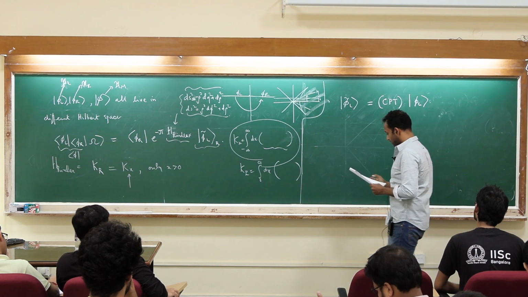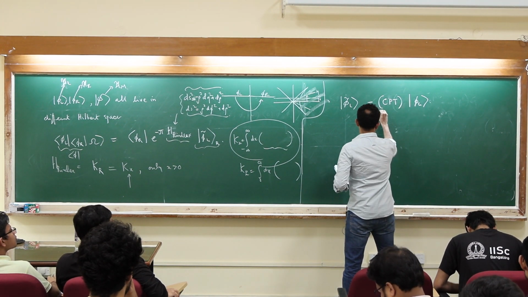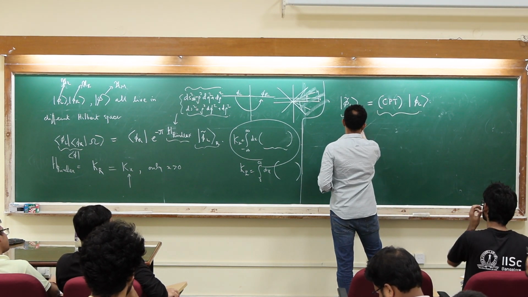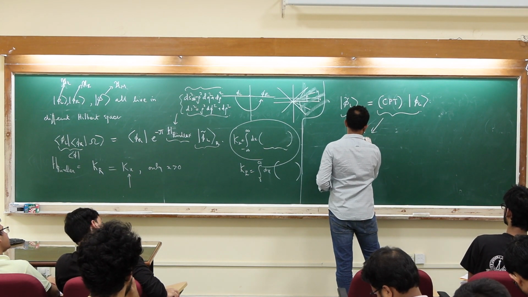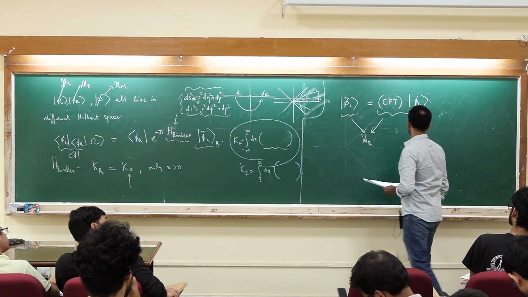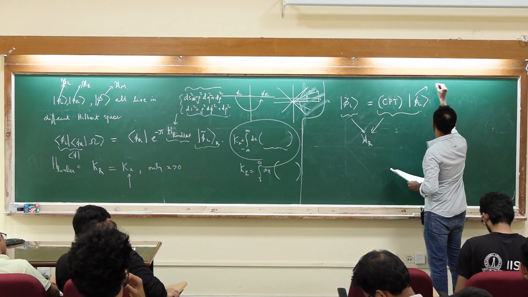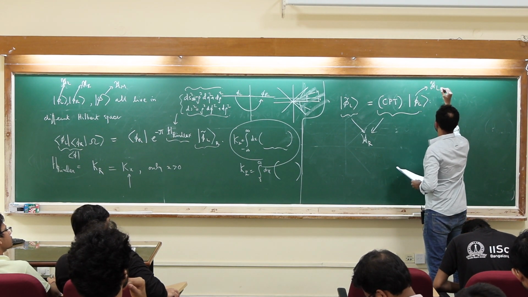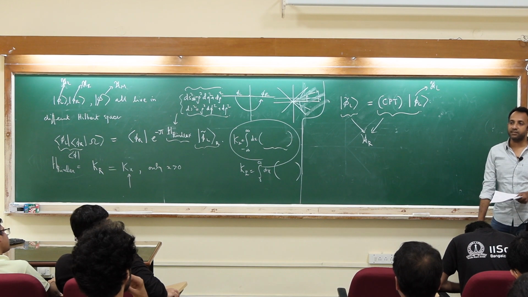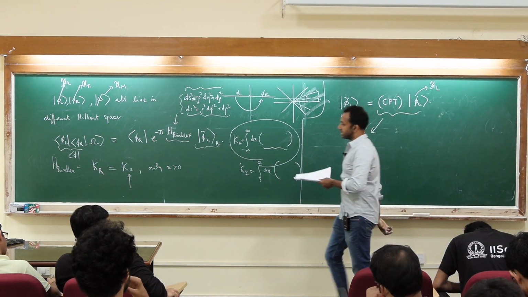The point is that this thing, or equivalently this thing, lives on the right Rindler wedge, but this one lives on the left Rindler wedge. And this is related to the fact that, I will explain what CPT is.